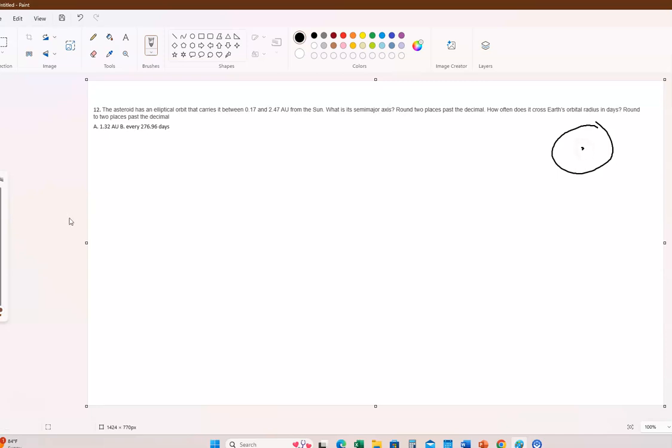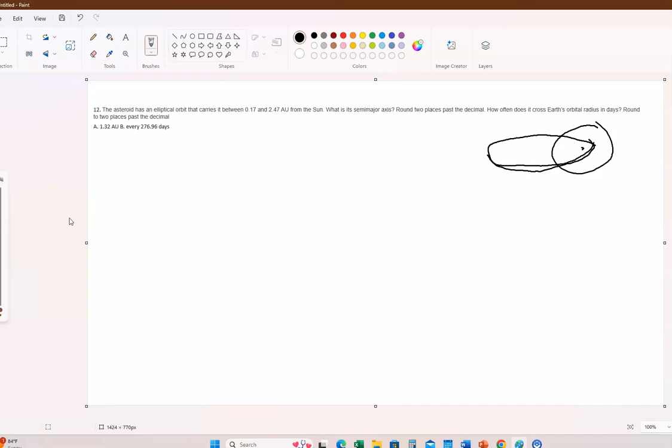What's going on is this asteroid, which is actually much closer to what a comet would look like, goes out twice that distance and then comes in much closer than the Earth. In fact, it comes in closer than the orbit of Mercury.